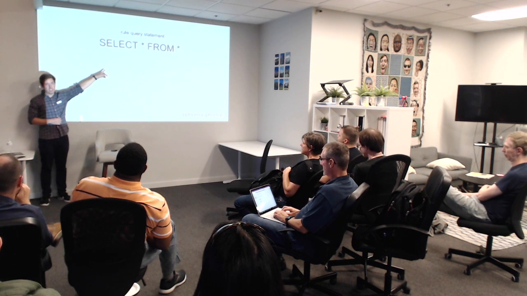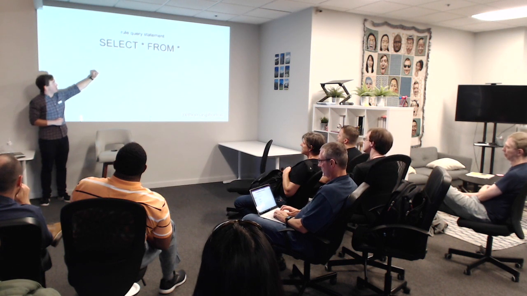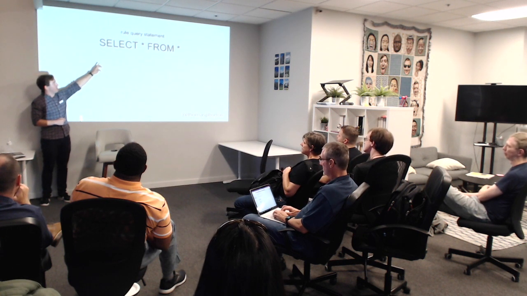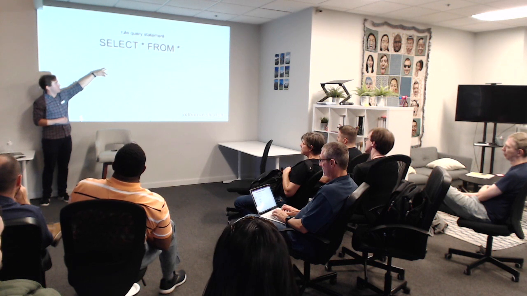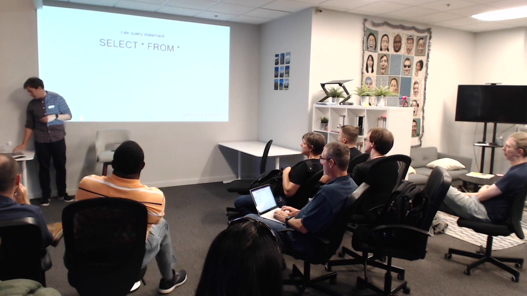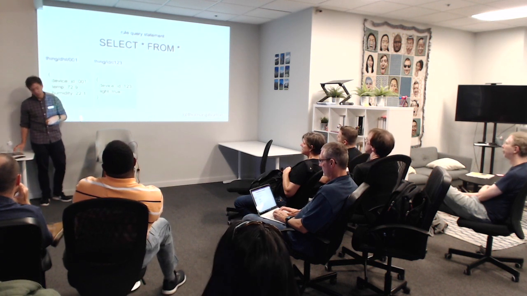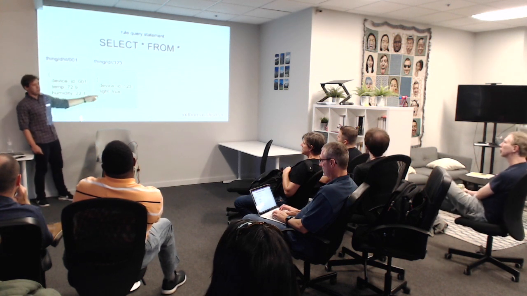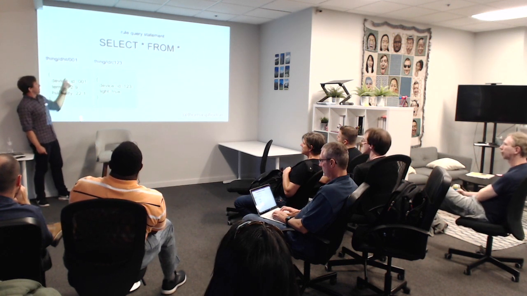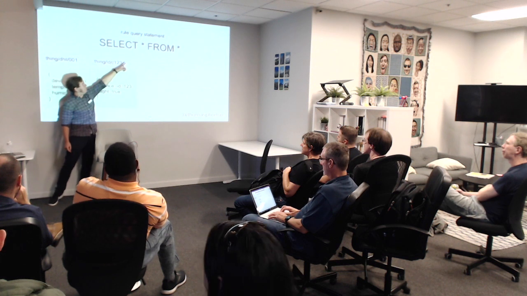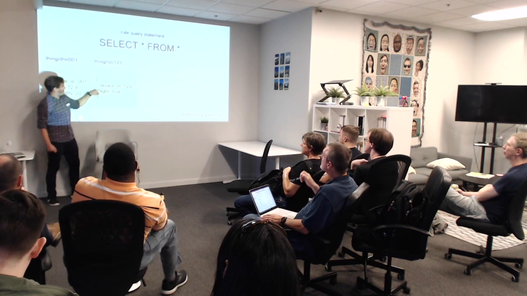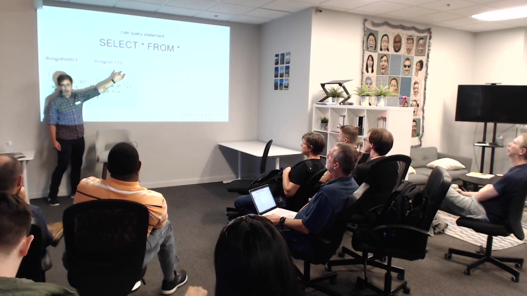It's SQL-like. If you're familiar with that language, you'd see something like this: select star from star. What that means is whenever you have messages coming through that MQTT broker, the first star is which fields to take, and the second star is what topics.